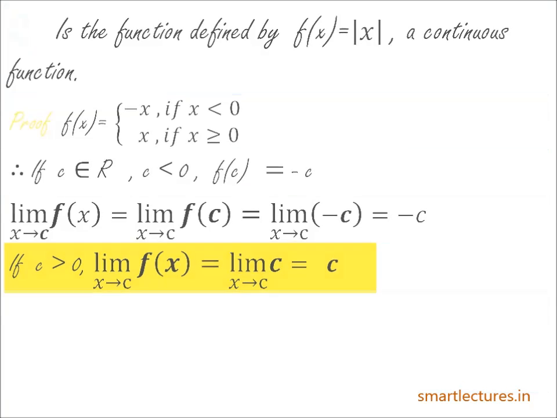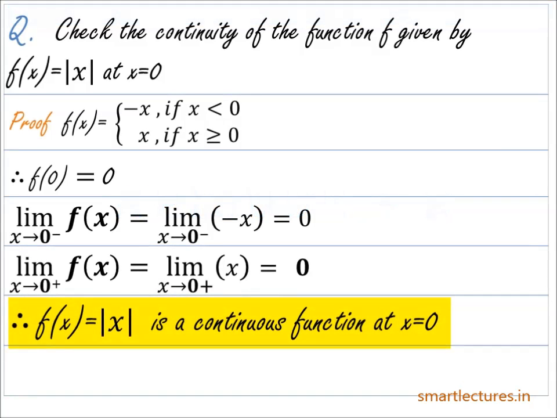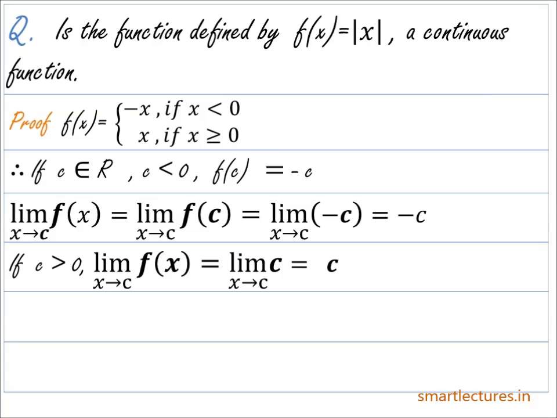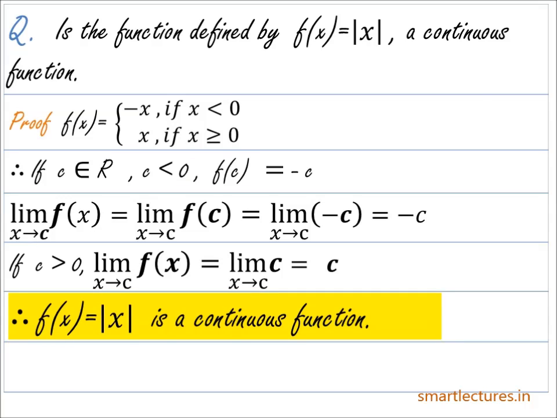And in the previous episode we already proved that if x is equal to 0, then the function f of x, which is equal to modulus of x, is a continuous function. So which means the function f of x is continuous whether the value of x is less than 0 or greater than 0, and also if x is equal to 0, then still the function f of x is a continuous function.